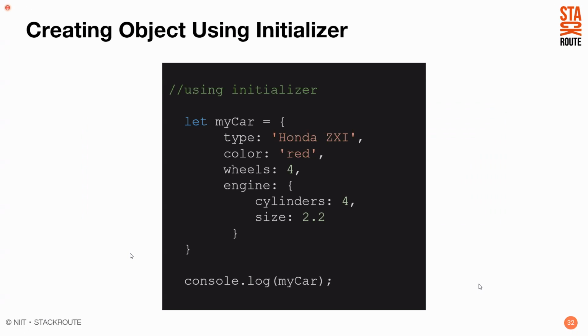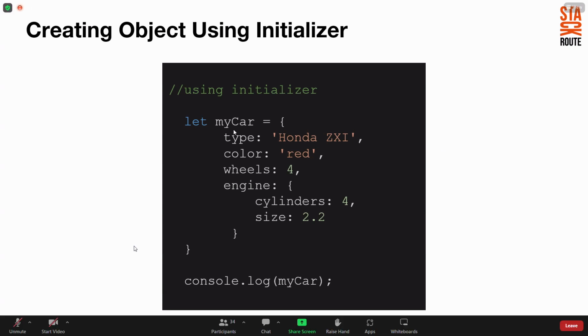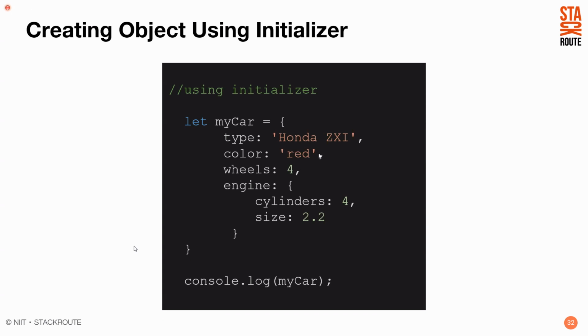How we initialize an object in Java, likewise in JavaScript we need to initialize. So my car is an object name, equal to curly braces, which indicates an object. Each property, Honda, ZXi, red, four, all properties you have to provide as key value pair combinations.